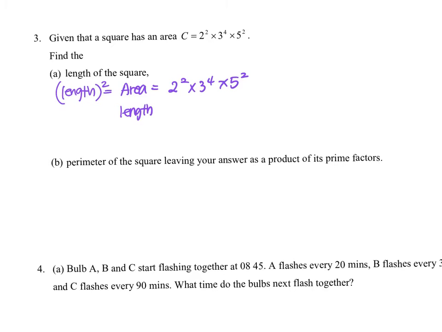Take square root. When you have square root, what happens to the power? Square root means split into 2 groups, so the power divides by 2. So 2, 3 to the power of 2 now, and 5 squared is 5.